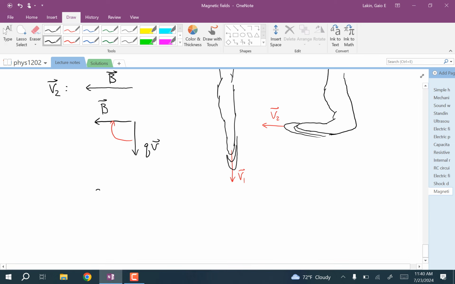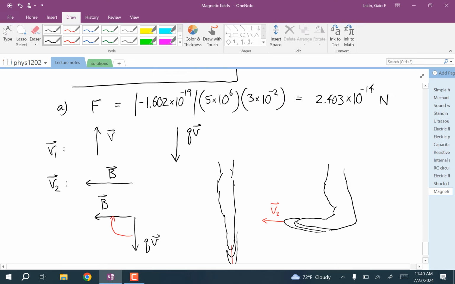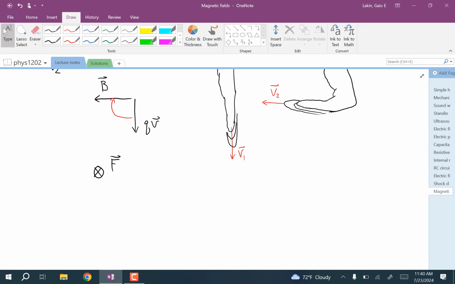And so our force direction is into the page with the magnitude that we calculated before. Okay, so you can write this as the force vector is equal to 2.403 times 10 to the minus 14 newtons directed into the page.